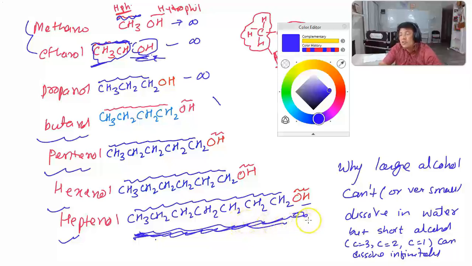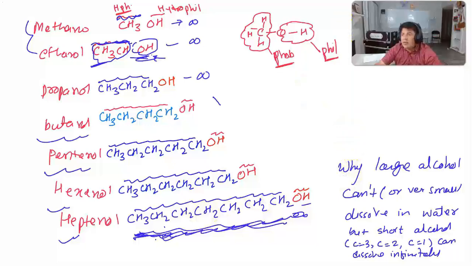Water also has dispersion, as every molecule does, but it is very weak. So the hydrophobic repulsion dominates those attractive forces. That's why very large alcohols cannot dissolve. Basically, you can understand it like that.